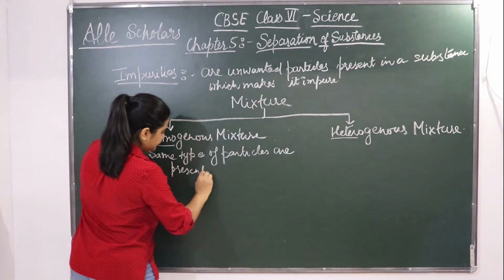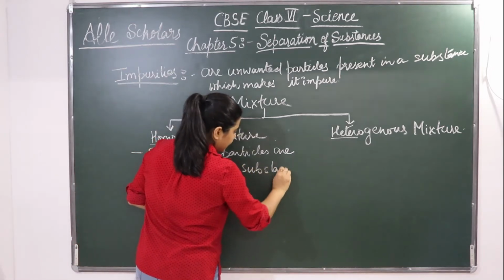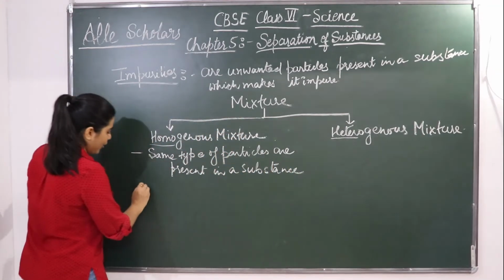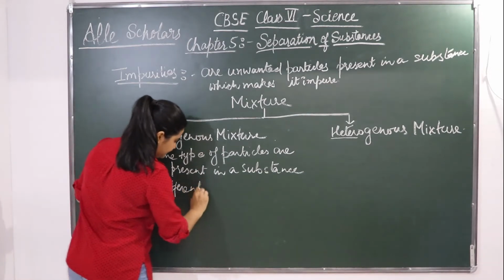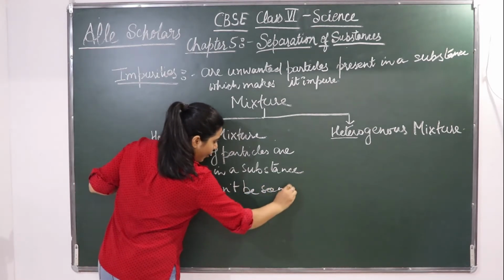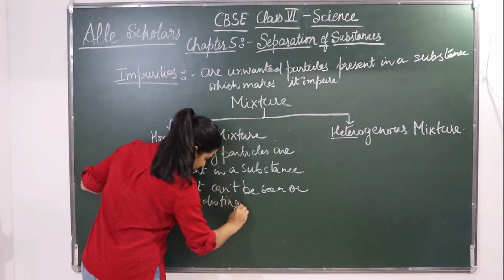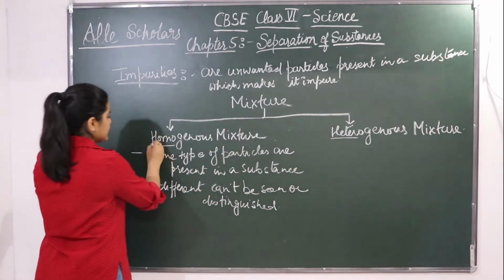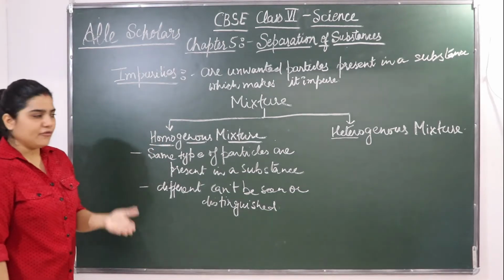It means that these different particles cannot be seen or cannot be distinguished. Okay, so this type of mixture is called homogeneous mixture. Homo, same type of particles.